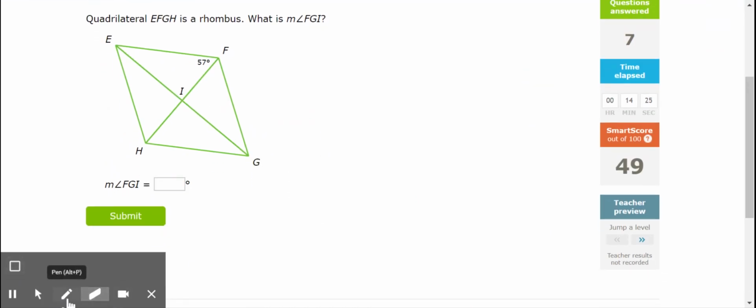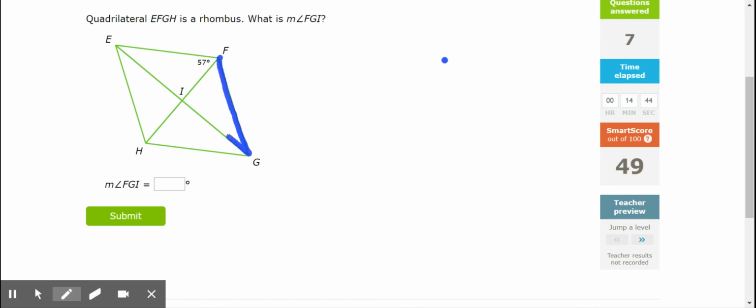Okay, so you're seeing that most of these problems are the same. So if you can come up with this process that we're doing, you mostly do that same process on every single problem. Okay, so let's see if this one's the same. So this one's asking us for the measure of FGI. Okay, so this is kind of the same.